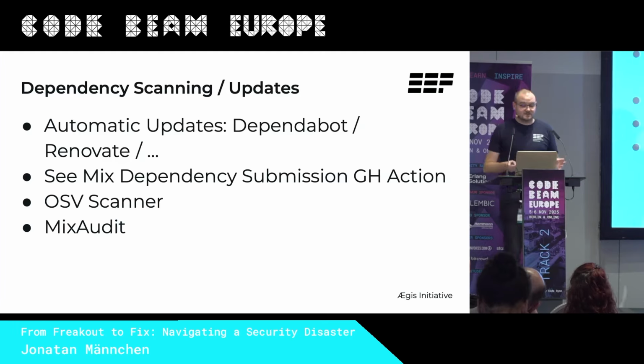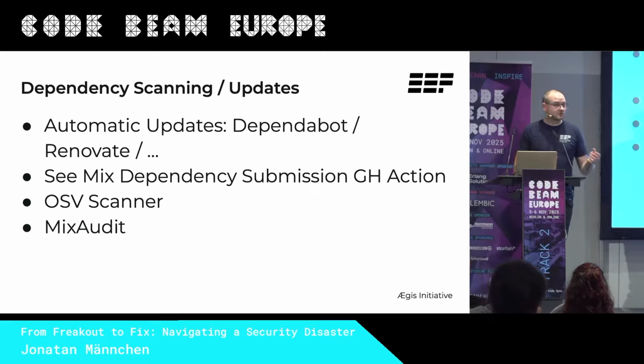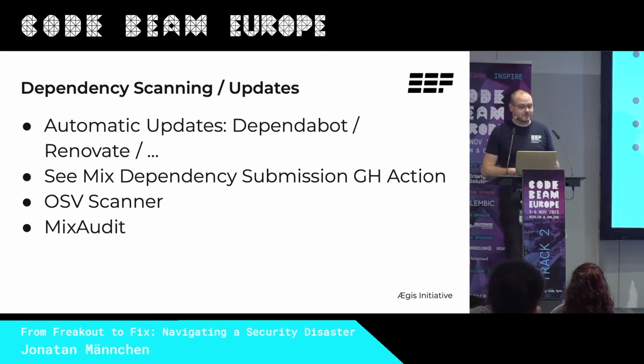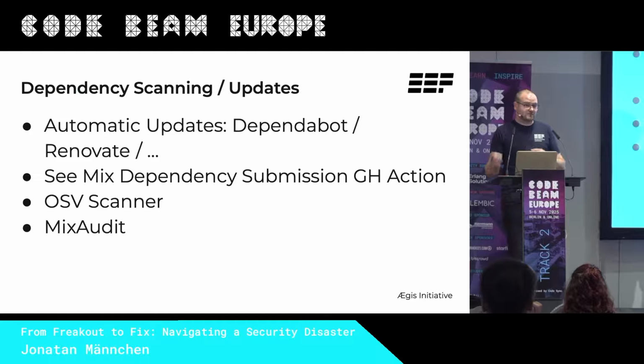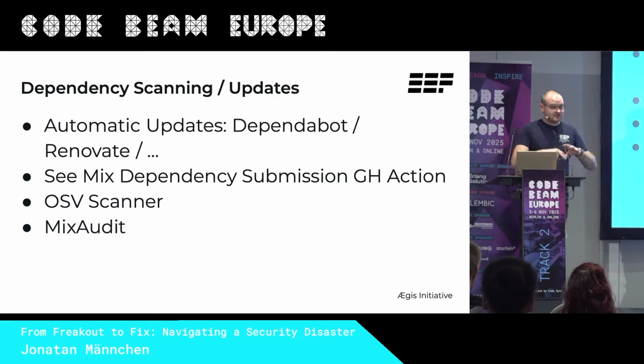That unlocks some advanced features like a complete dependency graph, alerts for direct and transitive dependencies, and even a pull request review tool for overall better visibility into your dependencies. There's also the OSV Scanner, which can be used to run directly against your lock file to compare it with all the reports on osv.dev. And Mix Audit can be used for Elixir-specific scanning, surfacing CVEs right in your CI. Together, all these tools form a safety net, alerting you early so that you can fix before the next incident.